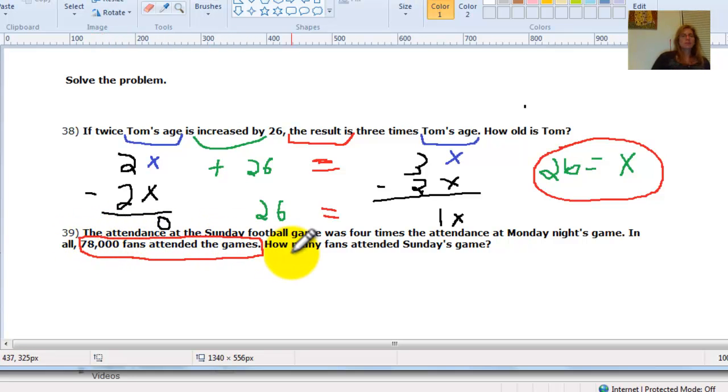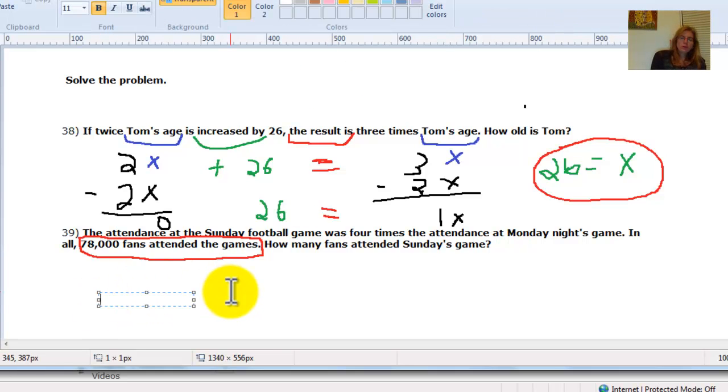So, let's just take that information for a moment and type, which color should we make that? So, what we're looking at is Monday's attendance plus Sunday's attendance is going to equal the total attendance of 78,000 fans.